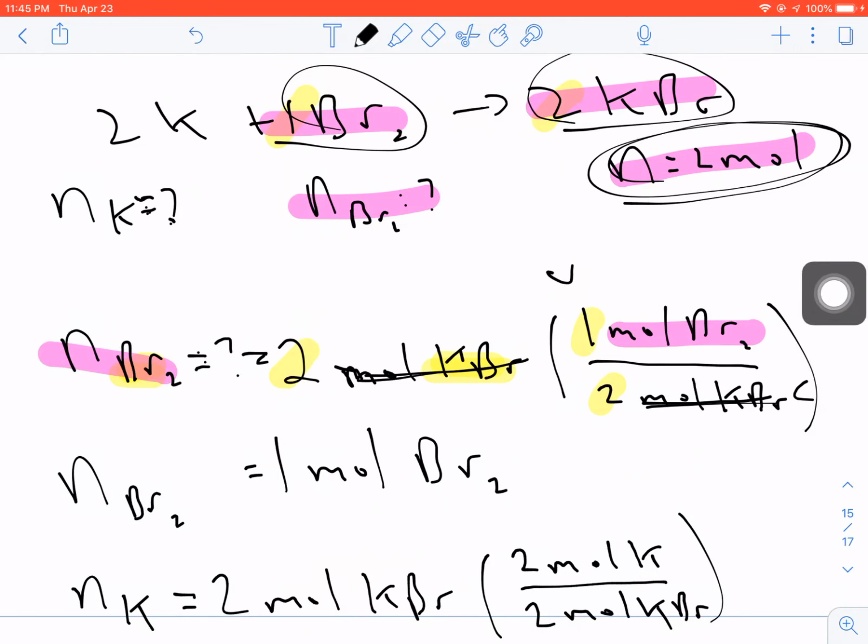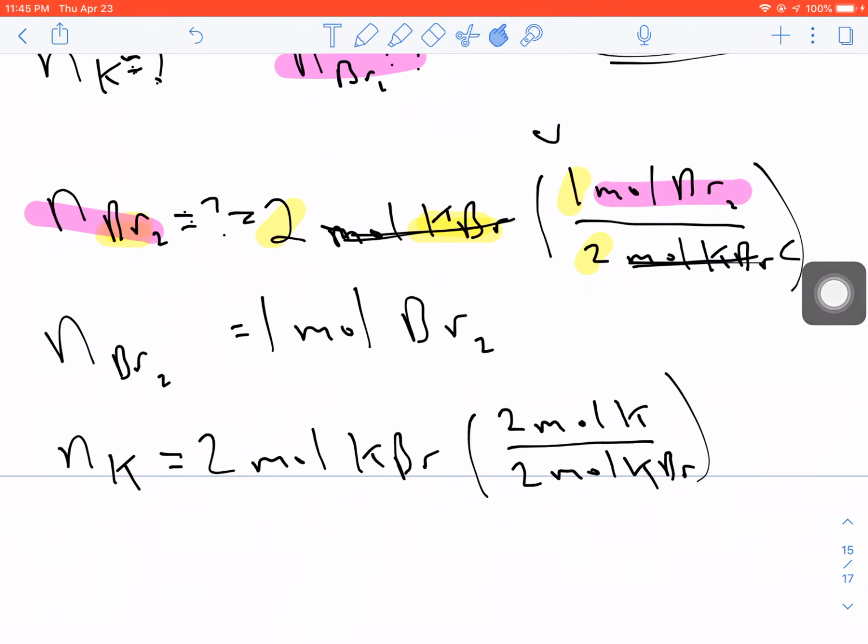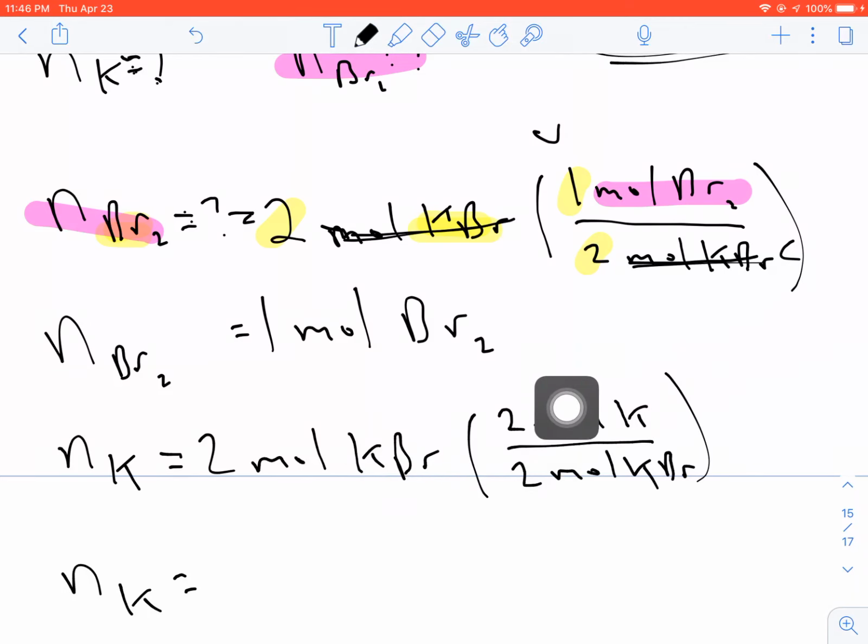So if I go ahead and do the math now, my number of moles of K, potassium, is equal to 2 times 2 divided by 2. So 2 times 2 is 4, divided by 2 is 2 moles. And look at my units.